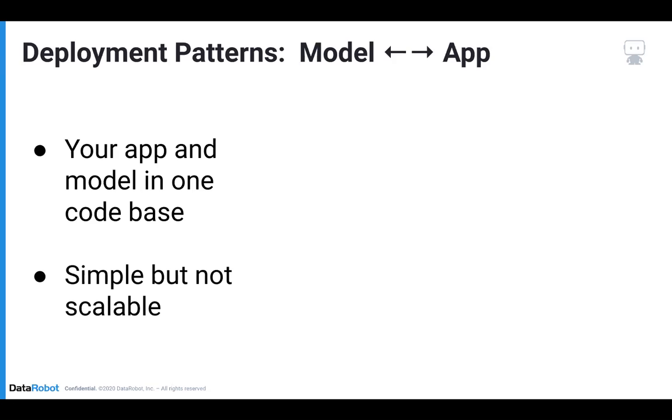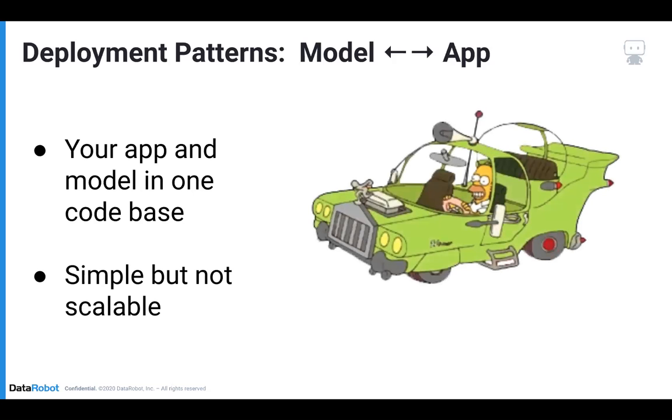Because if you think about it, the application, so you can think here like a web interface, a GUI form that you might enter information into, is very different than the predictive engine that's making predictions. Each of those might need to be updated in different ways at different times.